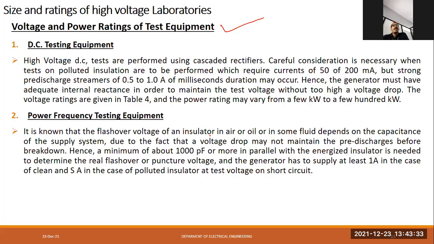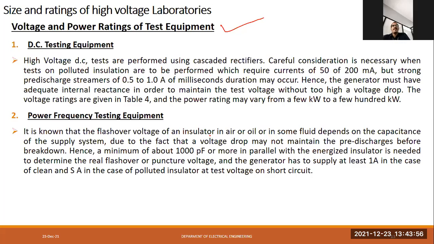Fine. As we were discussing, when DC testing is a point of concern in high voltage testing, the rectifiers should be connected in series, and due to that you get cascaded rectifiers. What precautions do we need to take during the test? For example, a pollution insulation test.